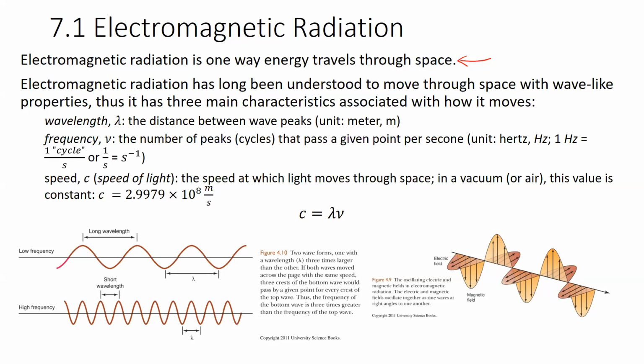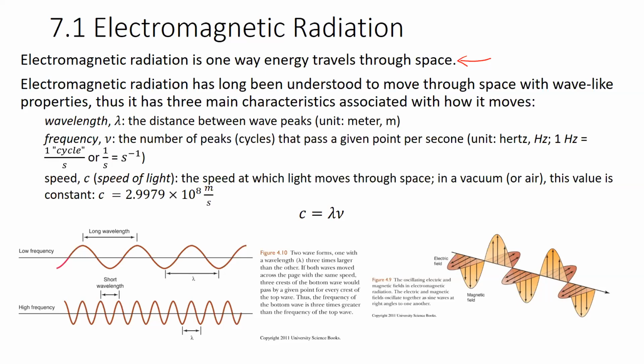You could think about heat energy moving from one place to another based on a temperature difference. If I have a piece of metal wire that I heat up, the heat travels through the wire because the wire conducts both electrical and heat energy. These are some different ways that energy can move through space, but light is really important because light is the way that we see the world.